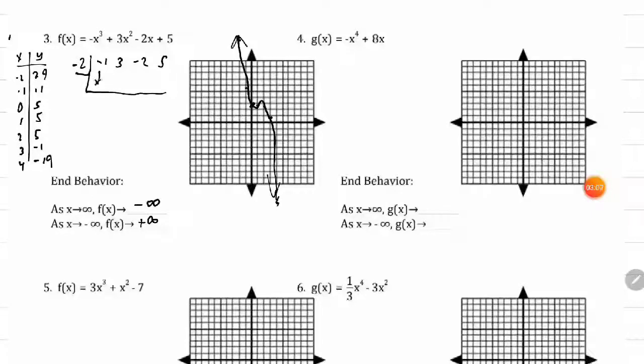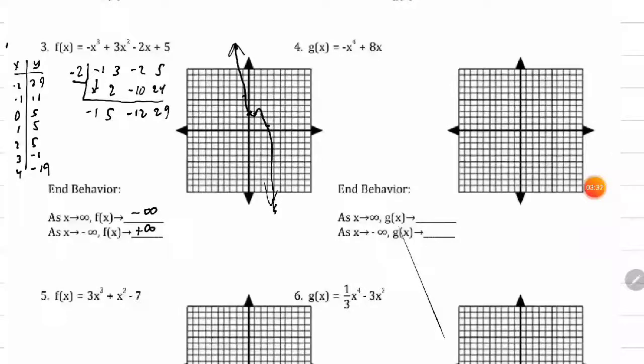Drop this down, -1. -2 times -1 is +2. 3 plus 2 is 5. 5 times -2 is -10. We get -12. Then we get +24. 24 plus 5 is 29.